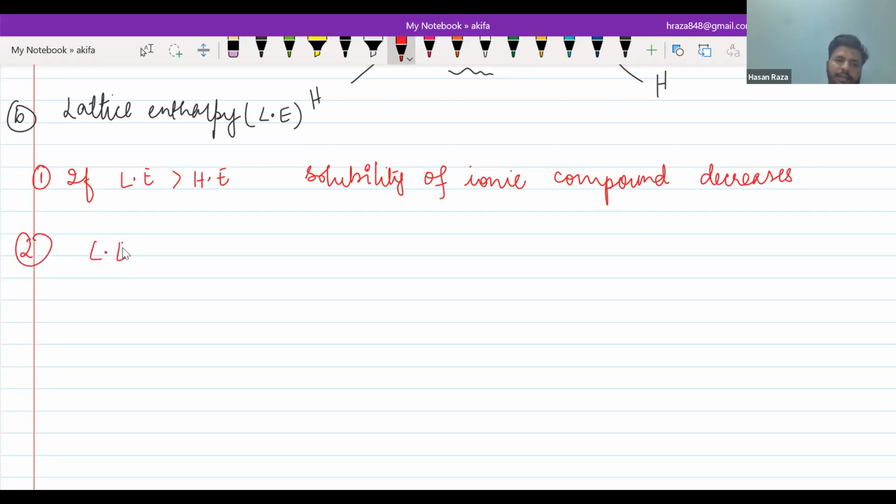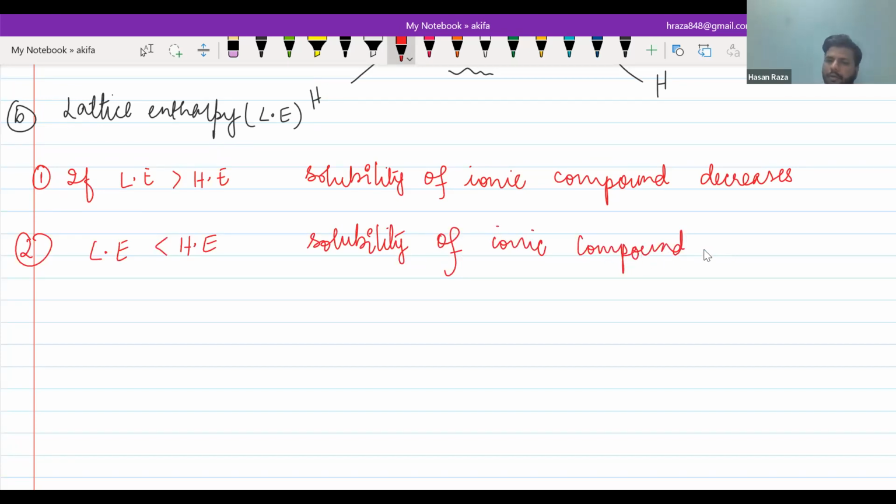And if lattice enthalpy is less than hydration enthalpy, that means hydration enthalpy greater than lattice enthalpy, that means solubility of ionic compound increases. Is that clear? Yes.